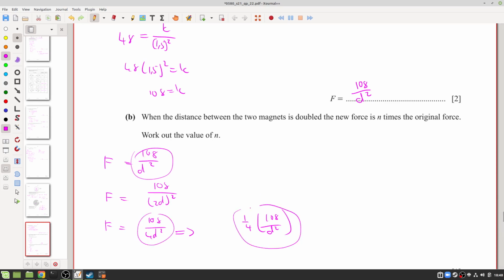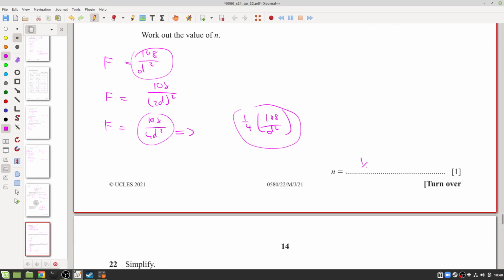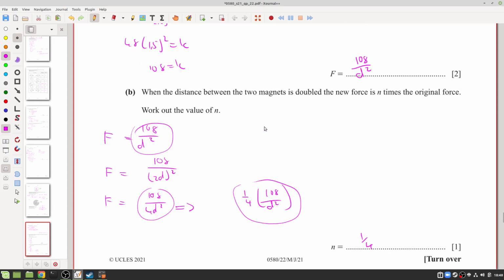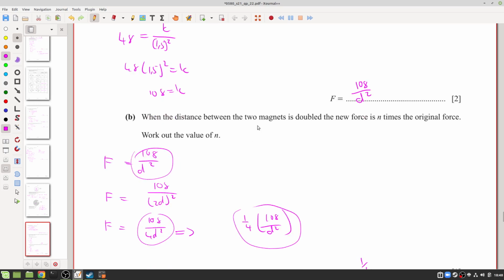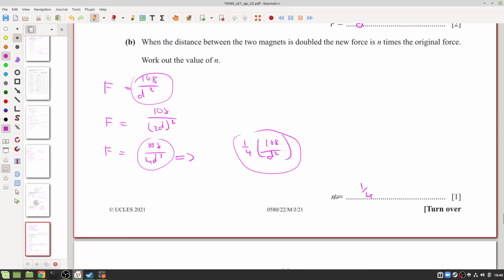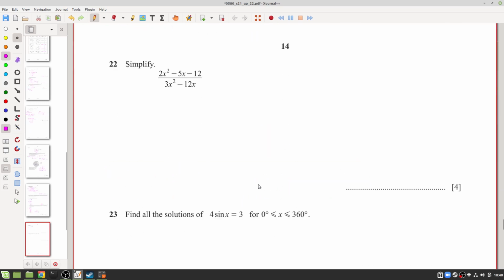The new force can be written as a quarter times the original. So n is a quarter. So that's how I would have done it to show that. But also because we know we're dividing by the distance, if the distance is twice, then twice squared will give us 4. So it's dividing by 4 basically.